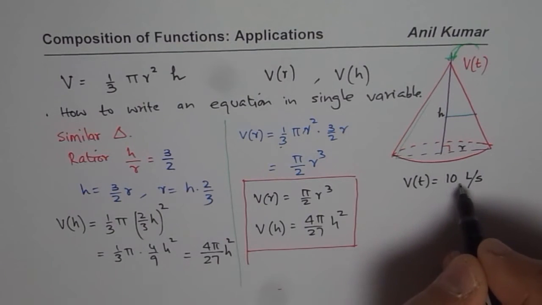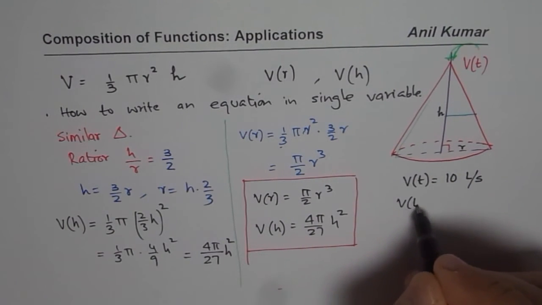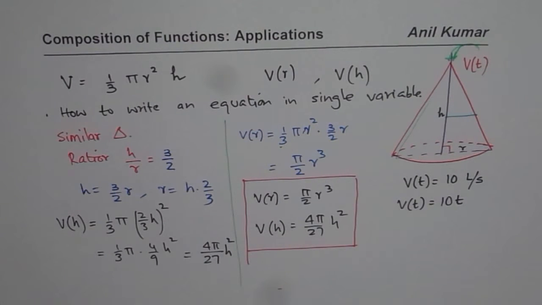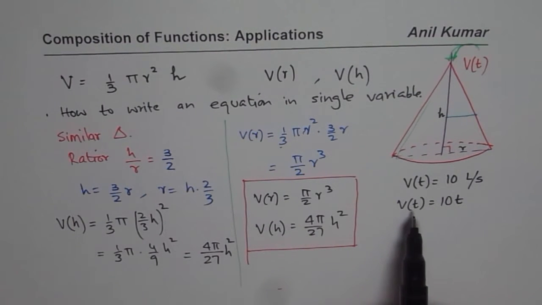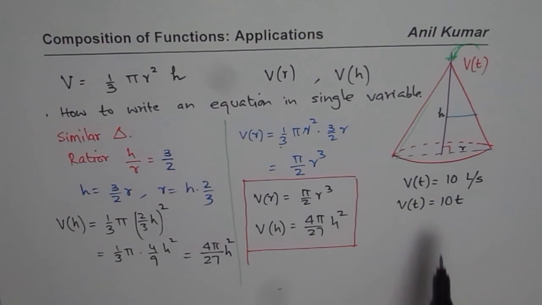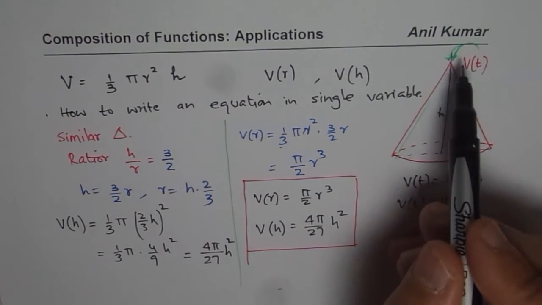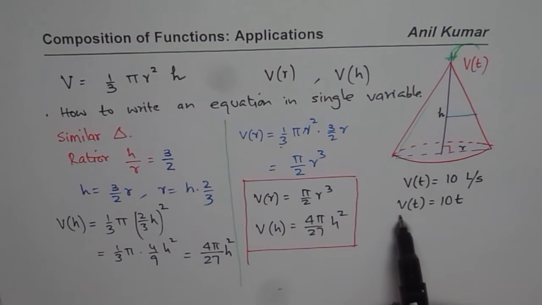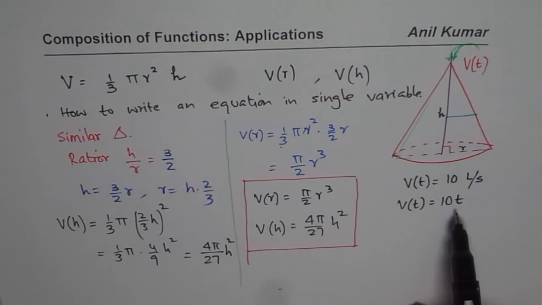That means the relation is volume with time is equal to 10t. Do you see that? So the volume is increasing with time at this rate. That means we are adding this sand over this pile, which takes the shape of a cone, and the volume being added is 10t.